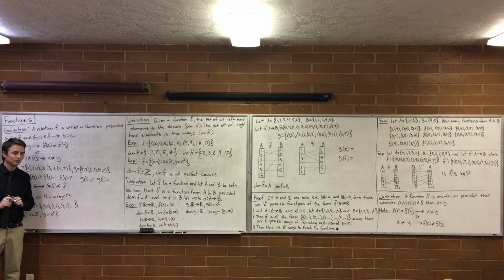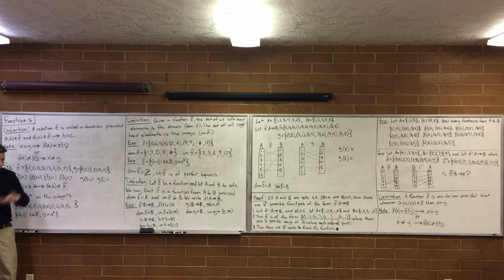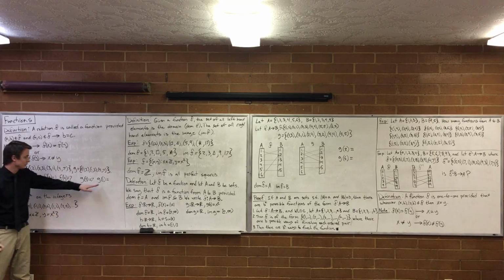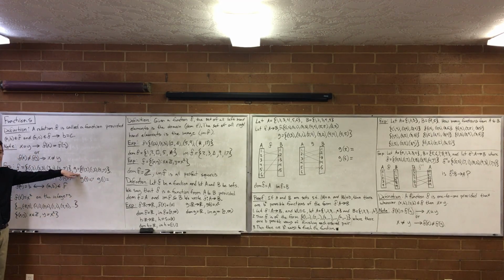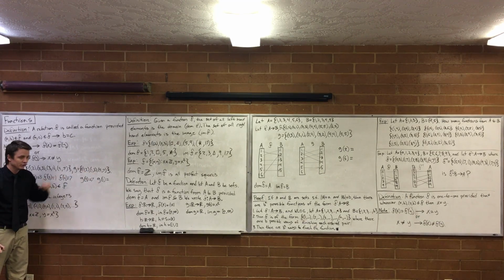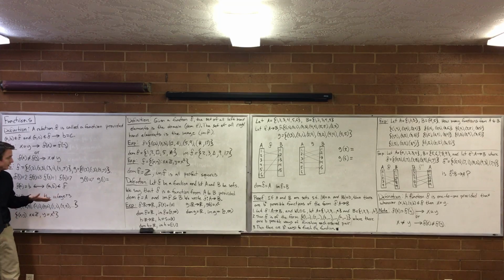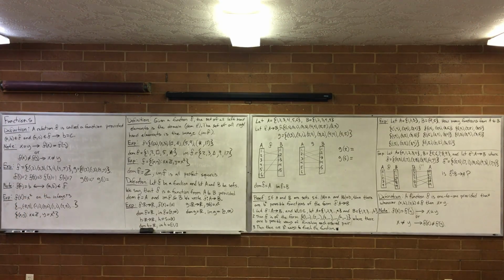Sometimes we pick 2, sometimes we pick 3? Do we roll a die, and if it comes up even, pick the 2? Doesn't make sense. This notation doesn't make sense because this isn't a function, because 1 goes to 2 and 1 goes to 3. So F is a function, G is not a function.